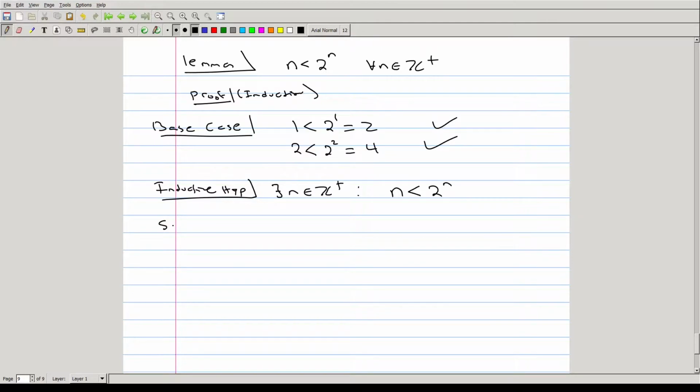In the inductive step, we will show that for all n in Z plus, if n is strictly less than 2 to the n, then n plus 1 is strictly less than 2 to the n plus 1.